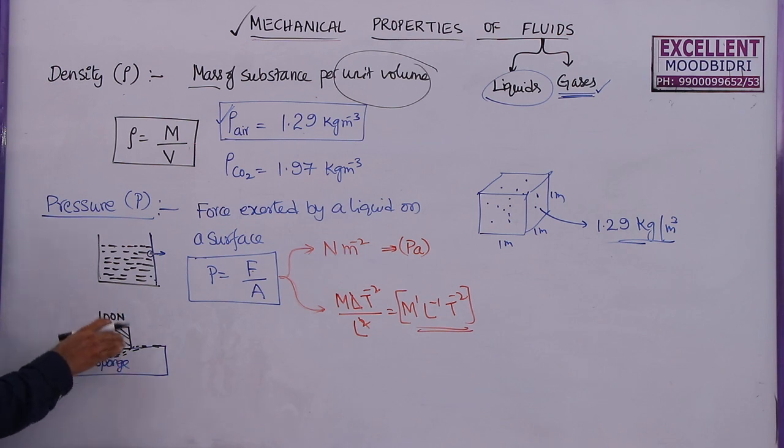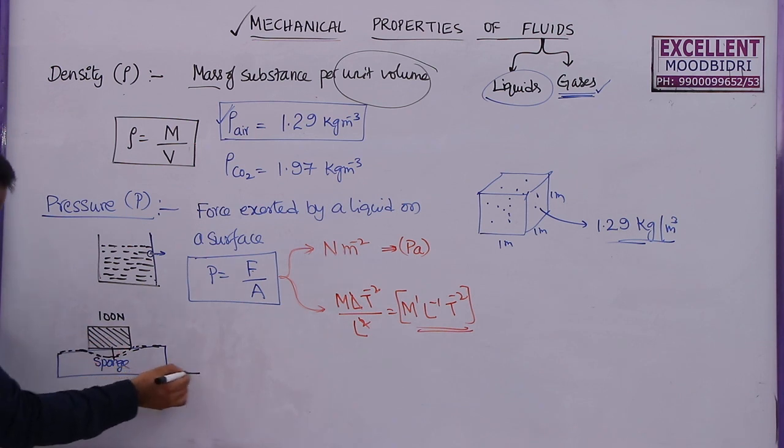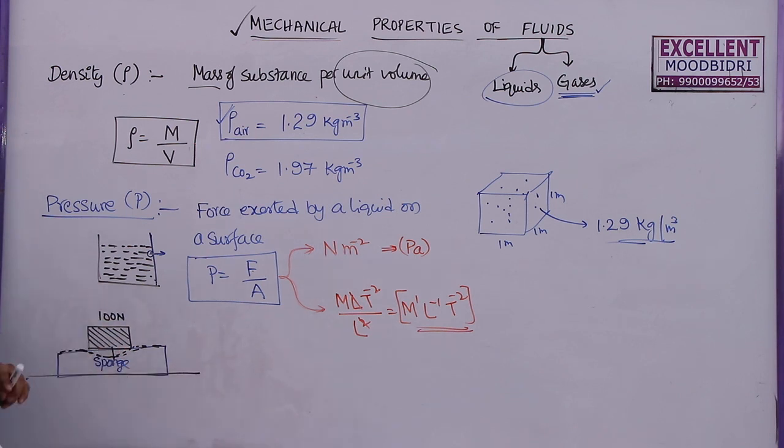So here this is called a change in shape of the body. There is some elongation along these lengths also. That means there will be a change in the shape of the sponge.